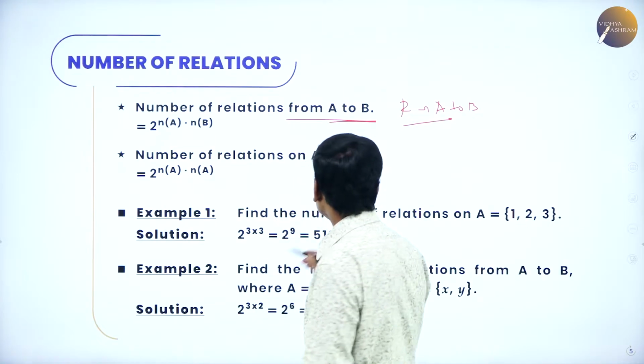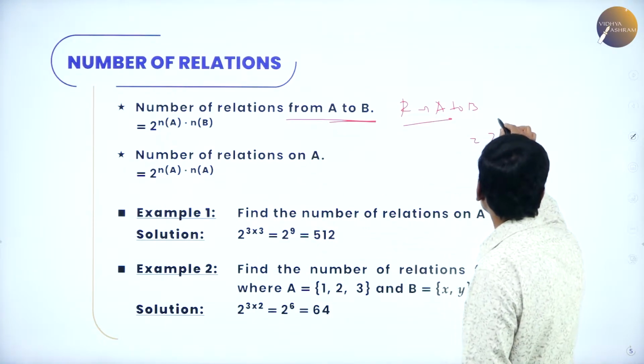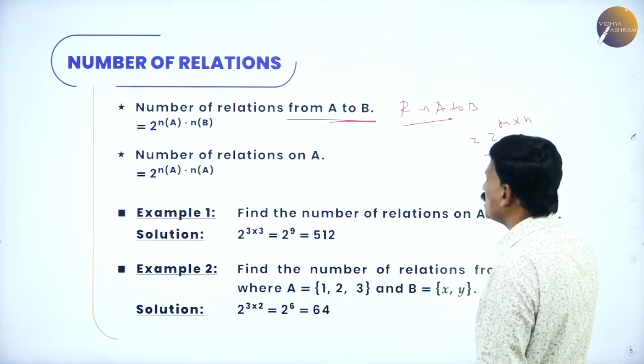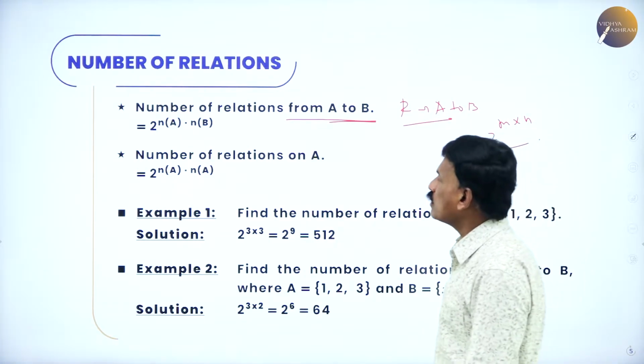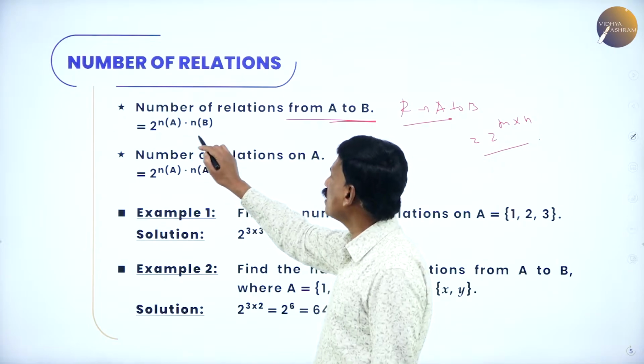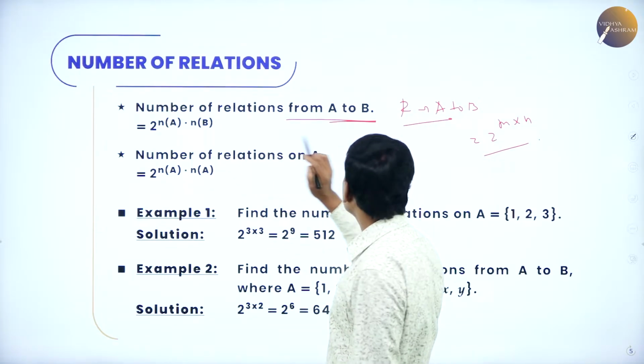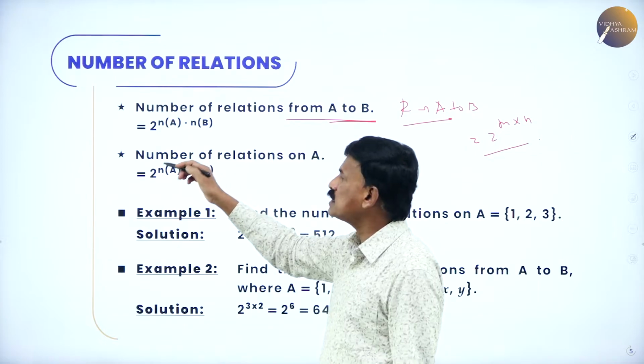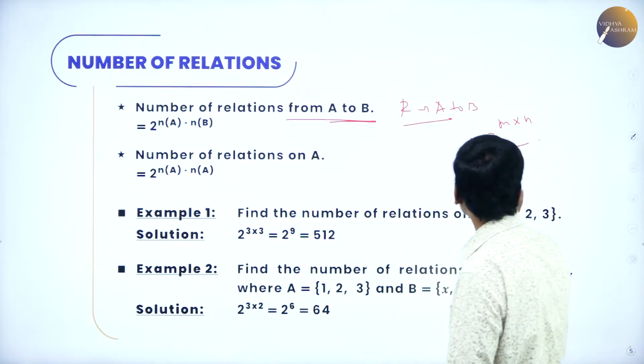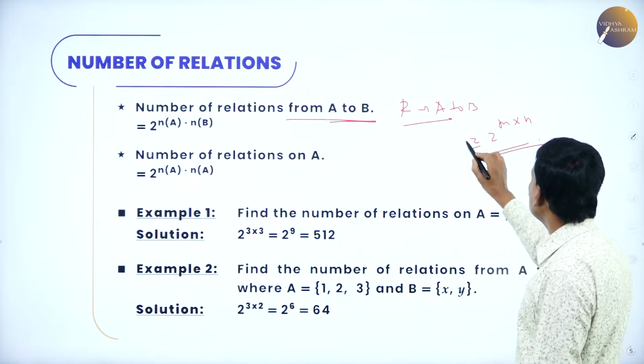That means 2 to the power of the number of elements in A times the number of elements in B. Suppose A contains m elements and B contains n elements, then the number of relations from A to B is 2 to the power of m times n.